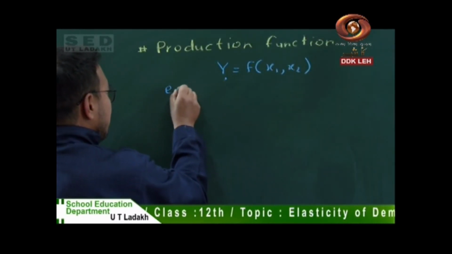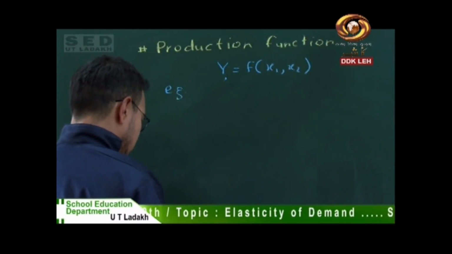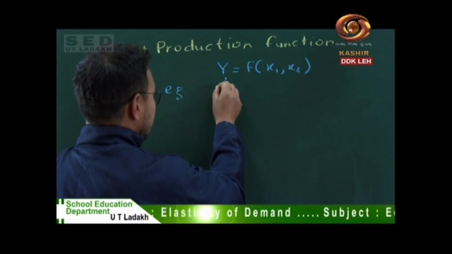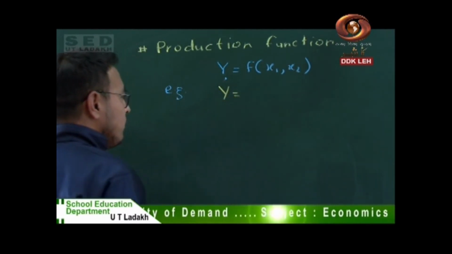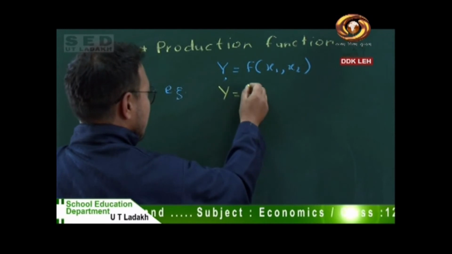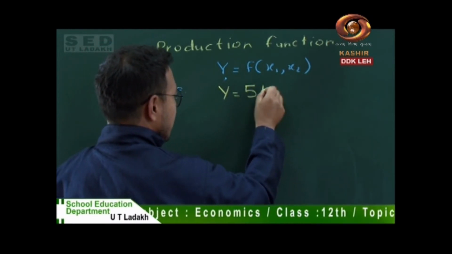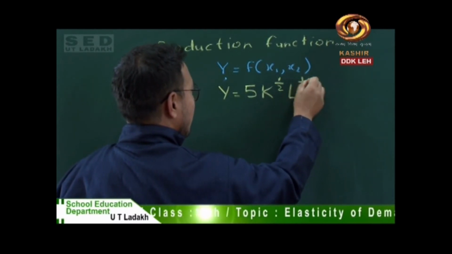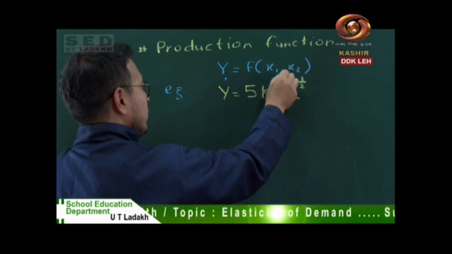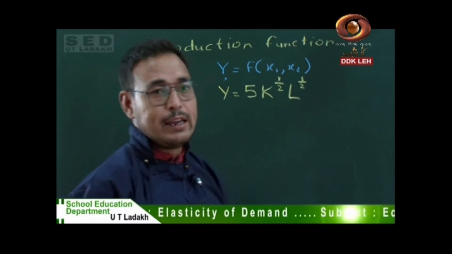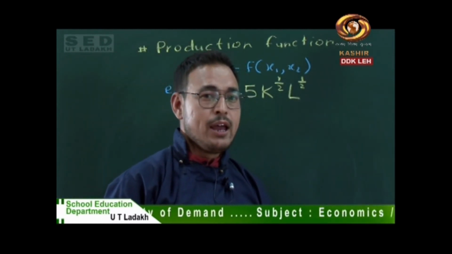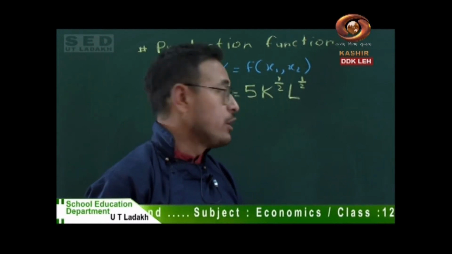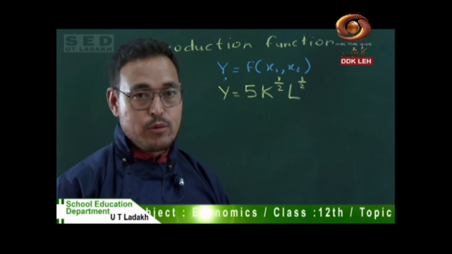A mathematical example could be, suppose you have an equation y is given by 5 k^(1/2) L^(1/2). 1/2 means the root of k and root of L. Here k represents your capital and L represents labor. So this is an example of production function.